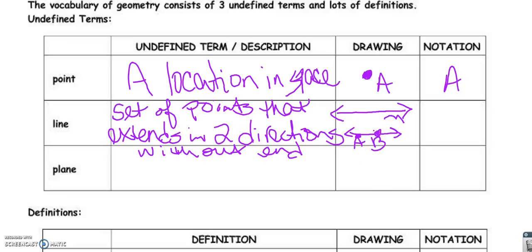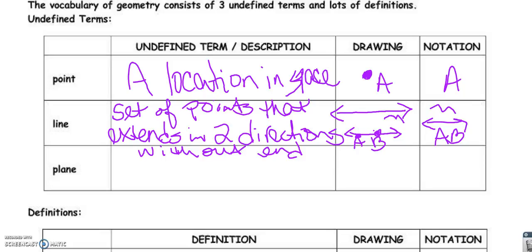And so when you wrote this, you could either call this line M or AB with a line over it with arrows. It's important that when you're using the 2 points on it and you draw the line above it, that you put the arrows there, okay? So you have line M or you have line AB.